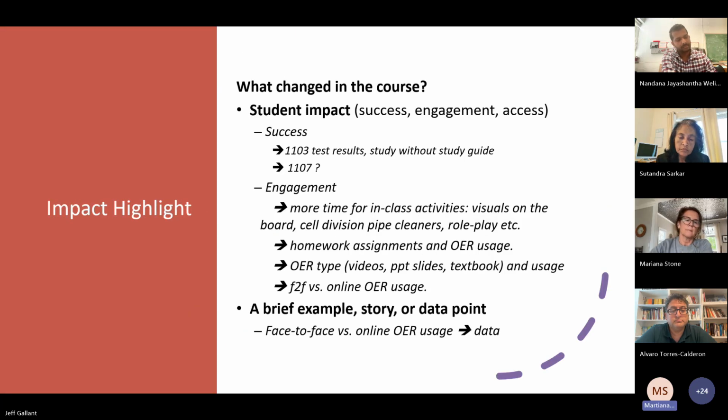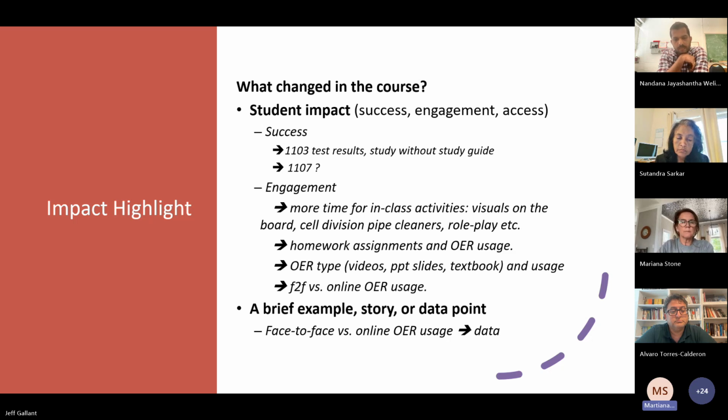When it comes to impact, we did see some success with the 1103 test results, and we saw other things like everybody else with the DFW rates. But these are the ones I really like. I'm interested in whether I can make my students study without a study guide, where they just copy words from textbooks or PowerPoints onto a piece of paper and say, now I know.